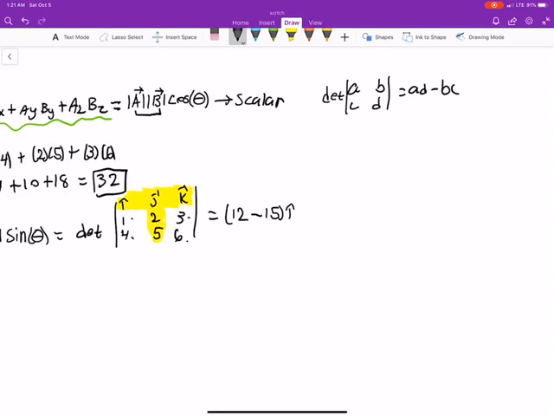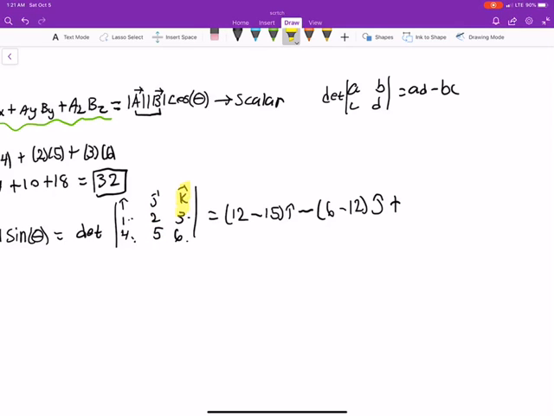So this 1 is our a. And real quick, for the j component, we put our negative here. So a times d is 1 times 6, that's 6, minus 3 times 4, that's your bc, that's 12. And that's our j component. And we go back to our plus.